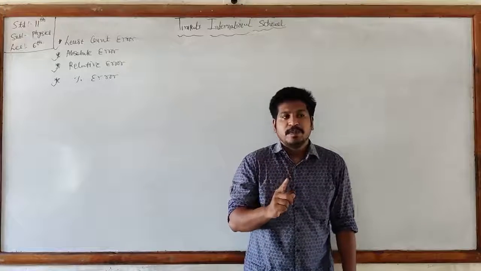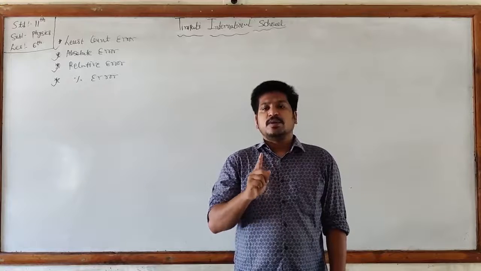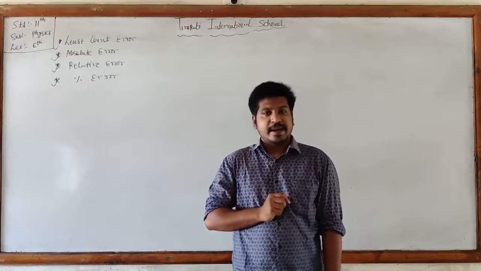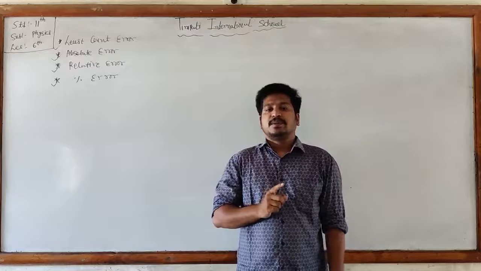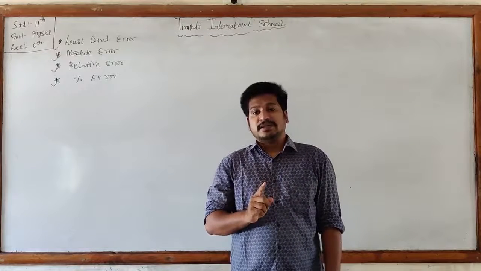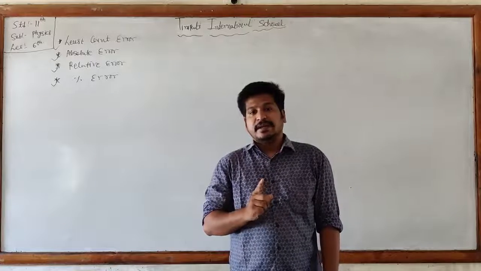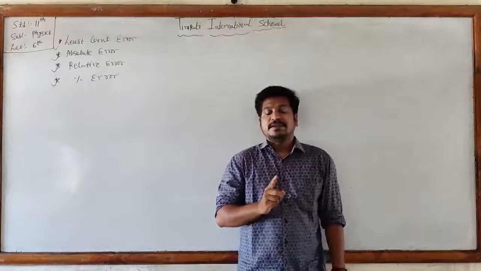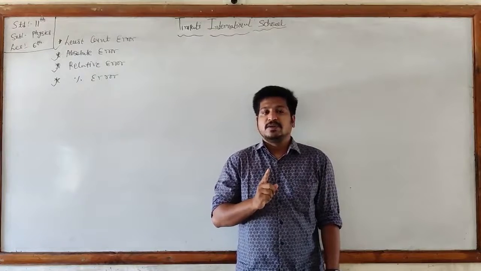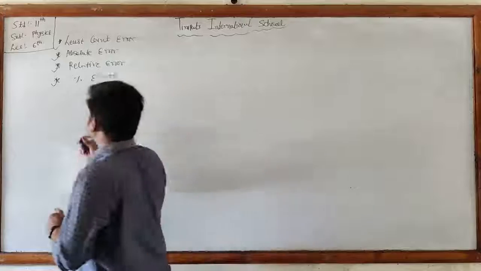Vernier caliper can measure 0.01 centimeter. And micrometer screw gauge measures 0.001 centimeter; micrometer screw gauge and spirometer both have the same least count, that is 0.001 centimeter. So that is least count.